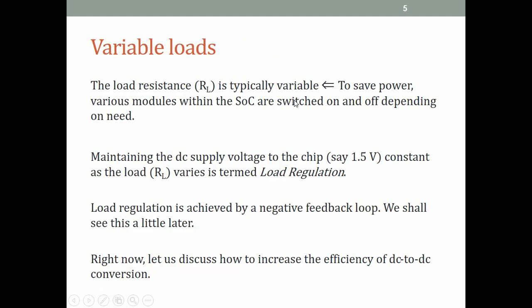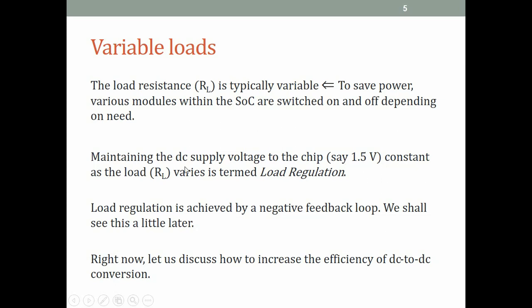Therefore RL varies, but as RL varies, we don't want the supply voltage to vary. We want the supply voltage to remain constant, 1.5 volts, because whatever subsystems are being used, they must get a voltage of 1.5 volts.